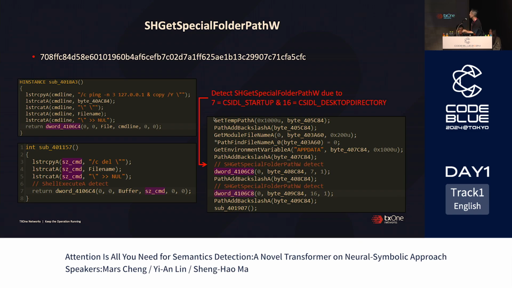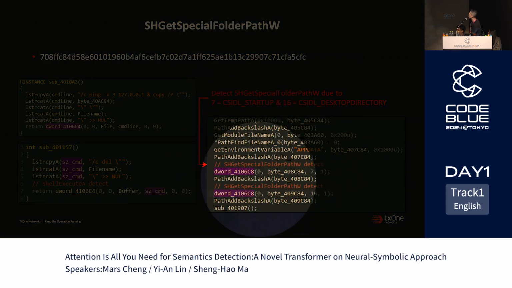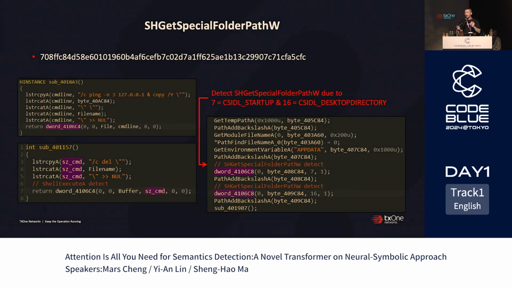And you can see on the right side here, our AI engine can tell this unknown API code is SHGetSpecialFolderPathW, this Windows API. And why?